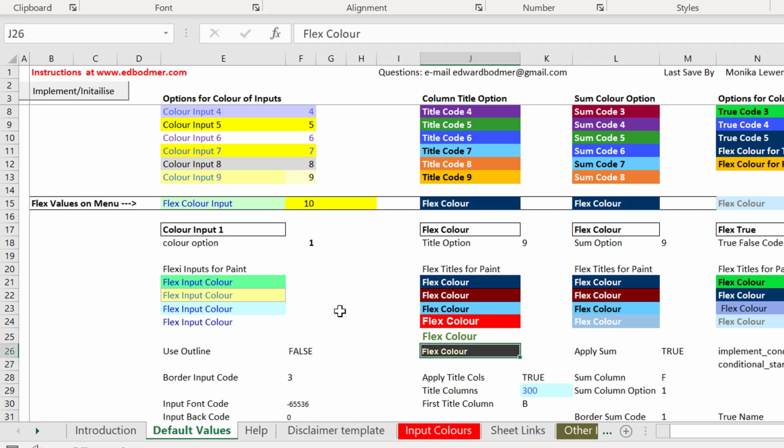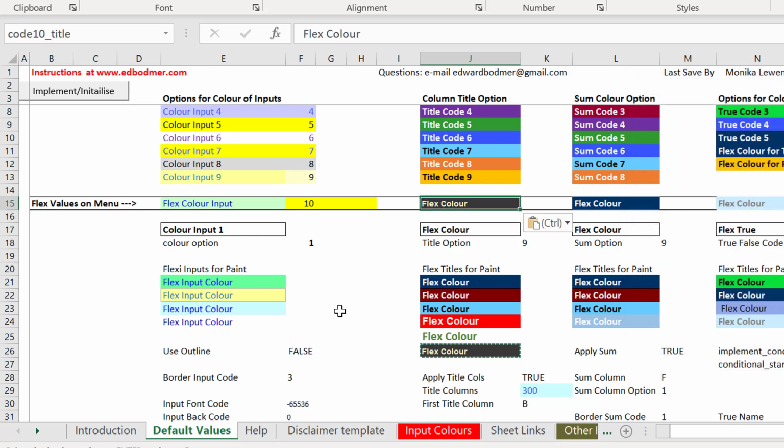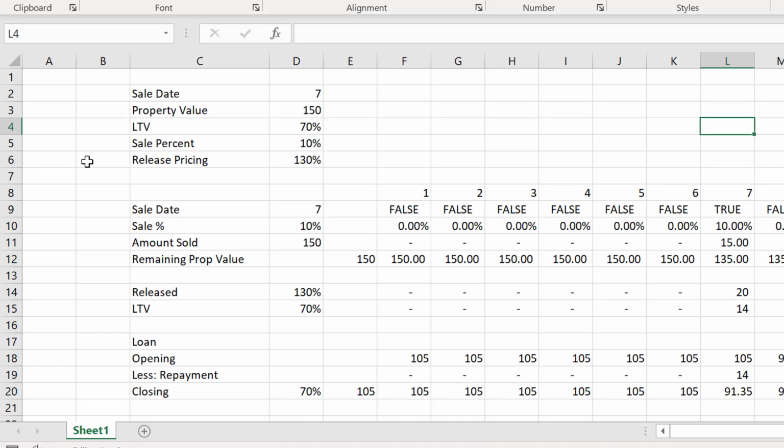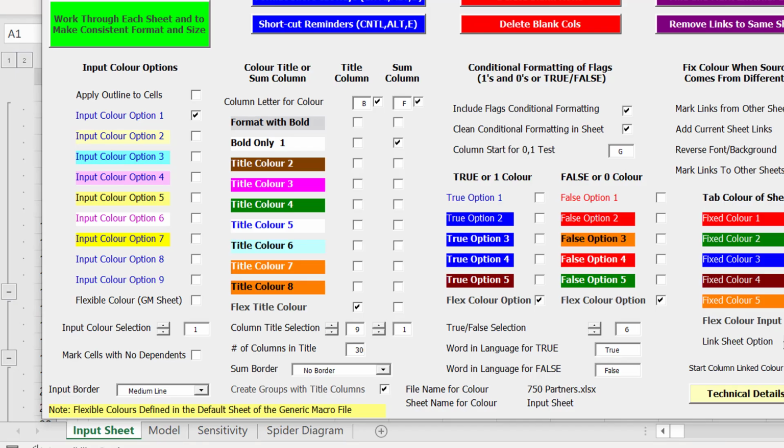Okay, so that's that. And then we can copy this one up to this one. I left the main one here. We press implement initialize, and we go to Control Alt C, and we color the sheet.